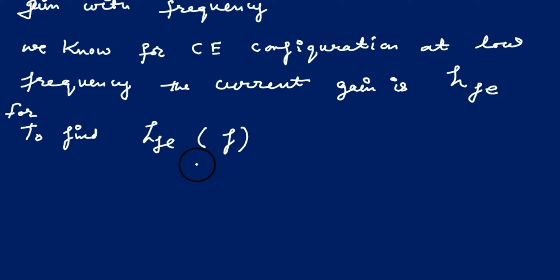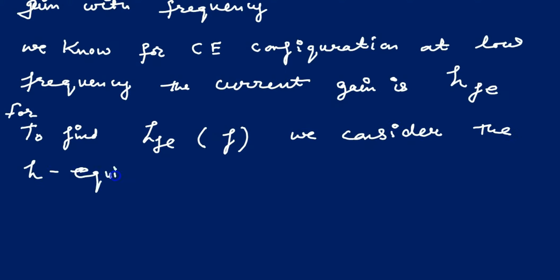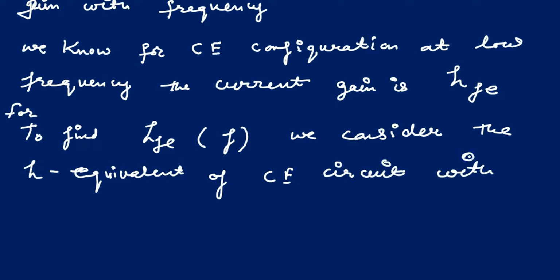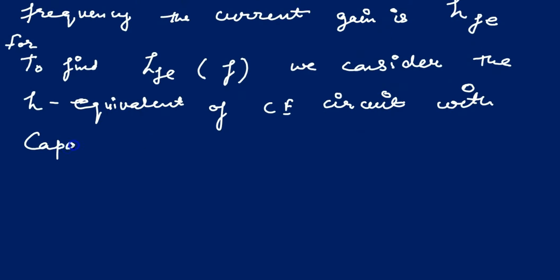So when the frequency is a high value, at higher frequencies, HFE becomes a function of frequency. And to draw the equivalent H equivalent circuit, especially at the high frequencies, the capacitive reactances are taken into consideration.